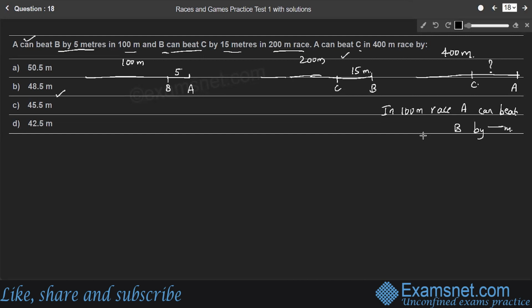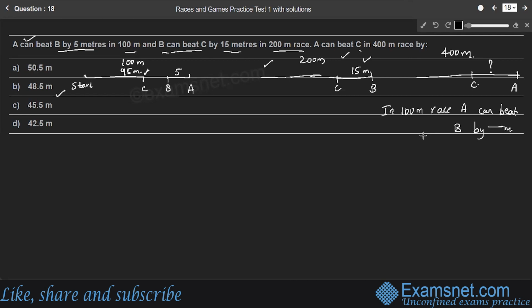Here, from the starting point, B has covered 95 meters of distance. So first we need to find, in a 95 meters race, B can beat C by how many meters. Based on the second case, in a 200 meter race, B can beat C by 15 meters.